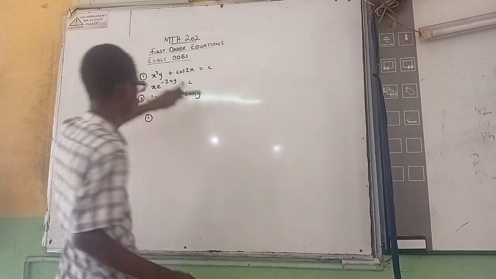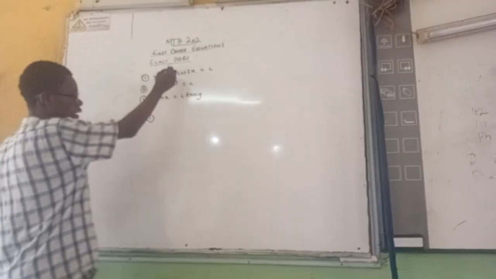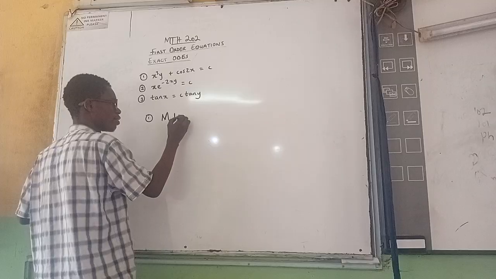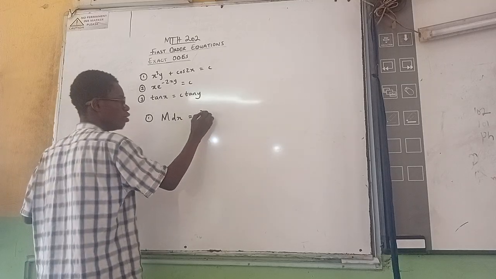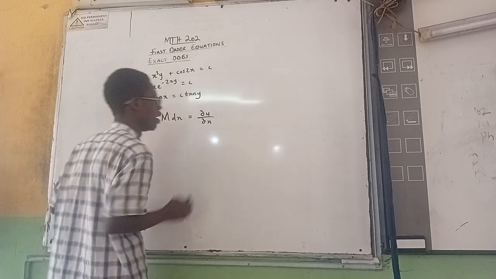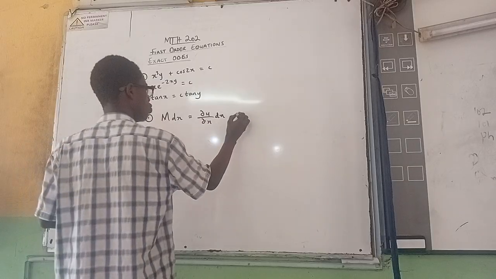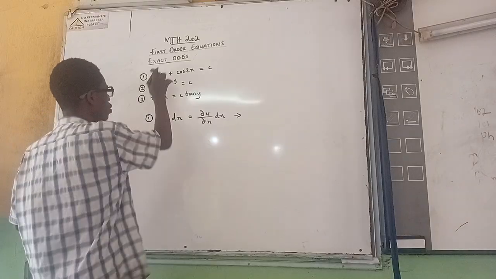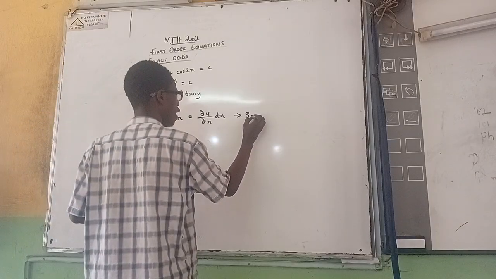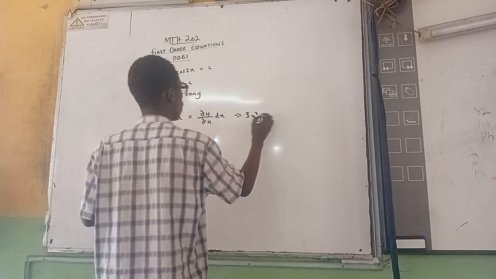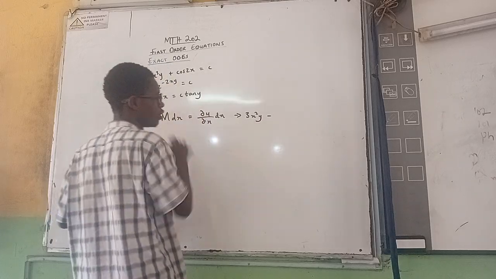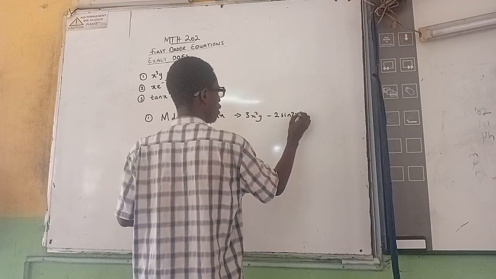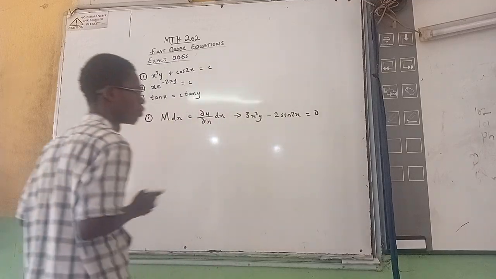So we have been given our solution, which is u. The first thing we get is M dx, where we differentiate u with respect to x. Let's differentiate everything here with respect to x. y is a constant, so we get 3x squared y minus 2 sine 2x equals 0.